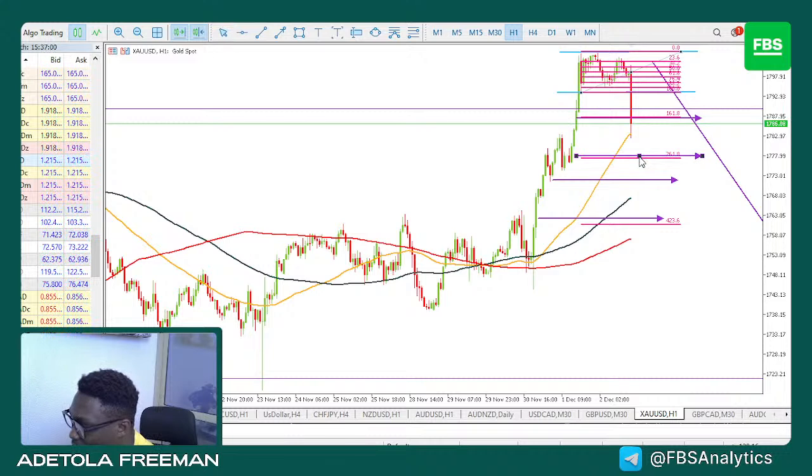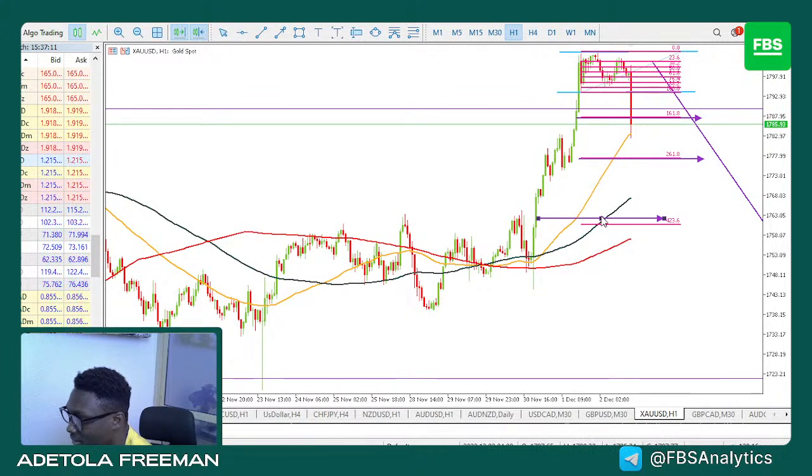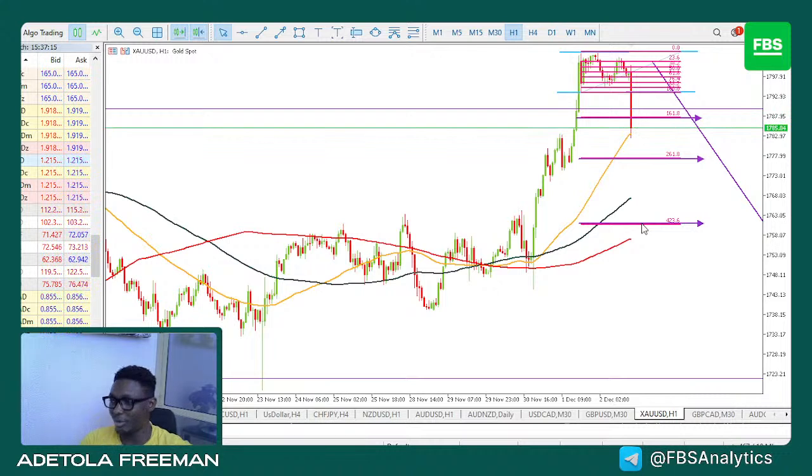Then TP2, and then this would have been TP3. So those are the 3 take profit points, and I'm pretty certain that price is going to reach all of these levels.